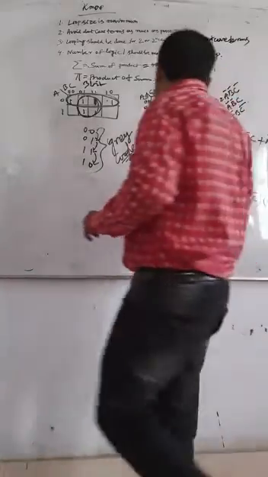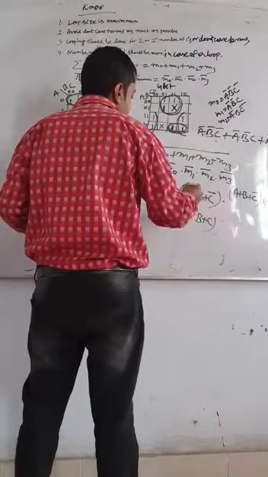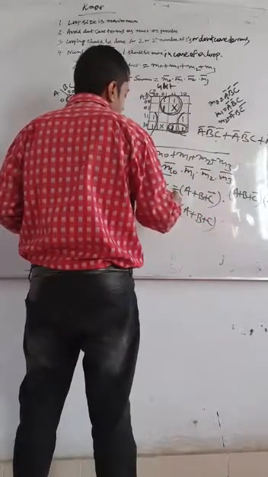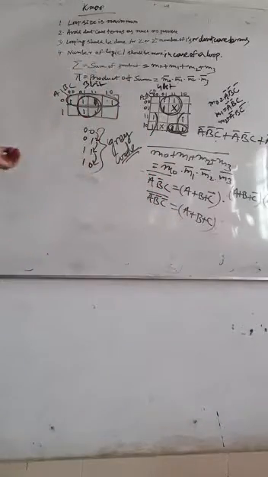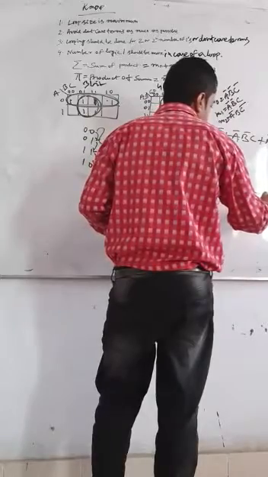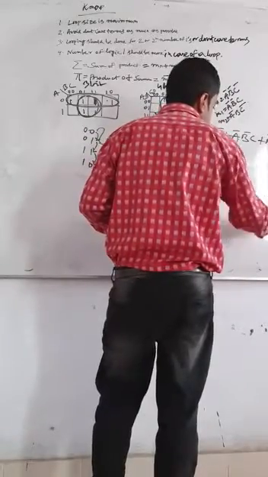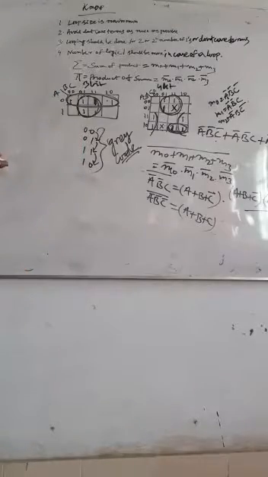So a bar b bar c whole bar means a plus b plus c bar. A bar b bar c bar whole bar means a plus b plus c. So you can write a plus b plus c bar ANDed with a plus b plus c ANDed with this. This is called product of sum.